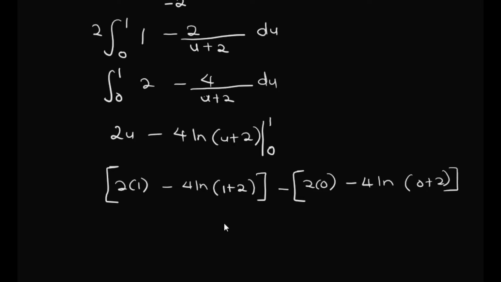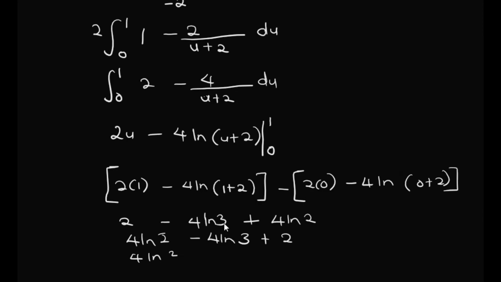So now we have 2 minus 4 ln 3, and 2 times 0 is 0. Minus and minus gives us a plus, so plus 4 ln 2. I can finally write 4 ln 2 minus 4 ln 3 plus 2. This can be simplified to 4 ln of 2 over 3 plus 2.